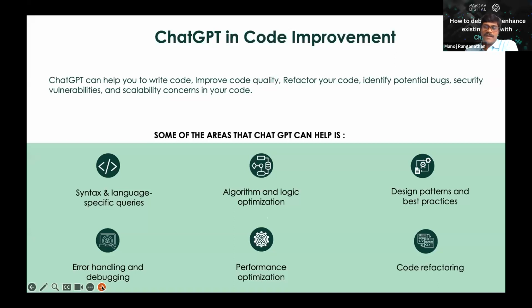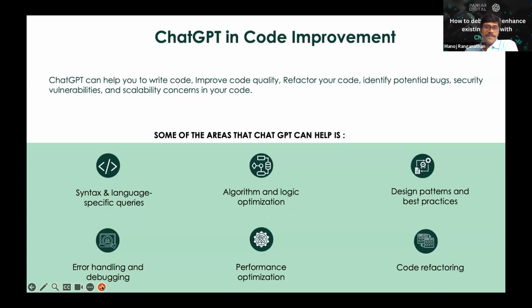Code refactoring is one area I'd like to highlight. If you have a piece of code that is difficult to understand, maybe legacy code that is hard to maintain or extend, ChatGPT can refactor the code for you. It can provide recommendations to make your code more modular, reusable, and easier to comprehend.